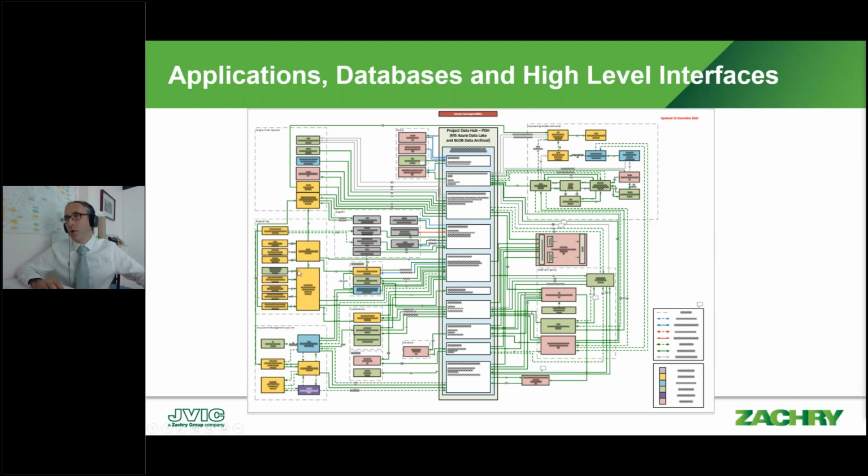So quite a number of these systems are Chiyoda engineering and procurement systems. Some are McDermott, and quite a large number are Zachary systems. And the central ADF, the hub, is Zachary's managed piece.